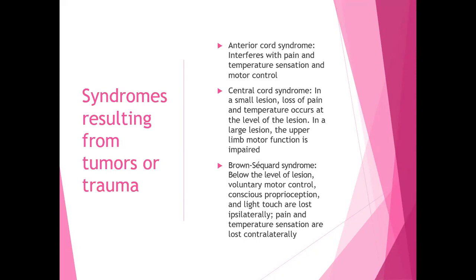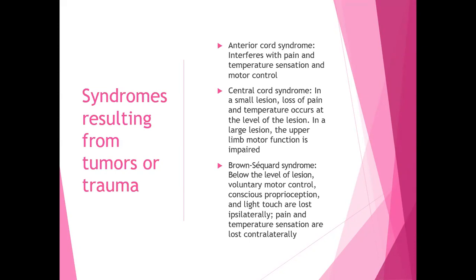So with central cord syndrome, it's a small lesion right in the center of the cord, usually occurs at the cervical level as a result of trauma or occasionally infection that causes inflammation. If the lesion is small, you might lose some nociceptive and temperature information at the level of the lesion, because that's where the spinothalamic tract crosses over, and it gets interrupted.